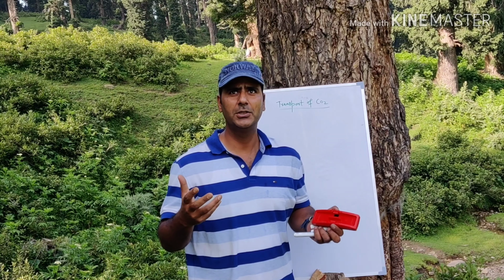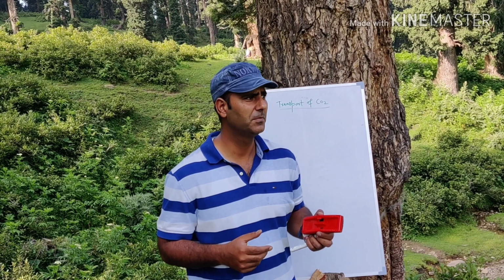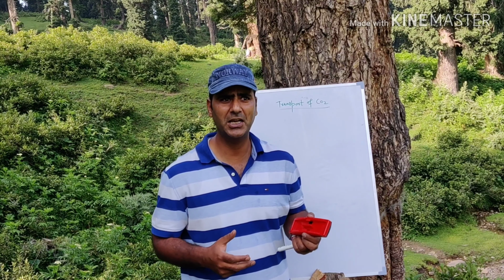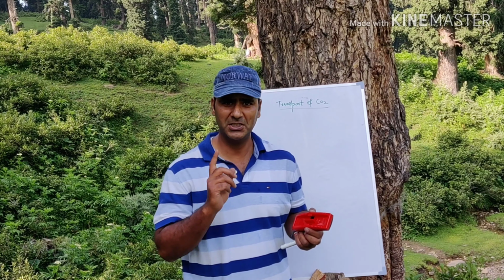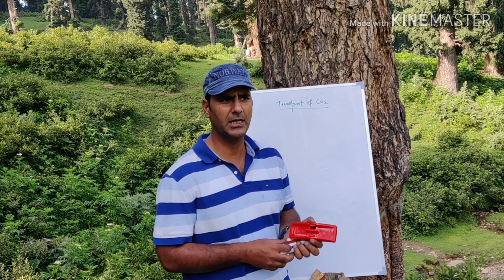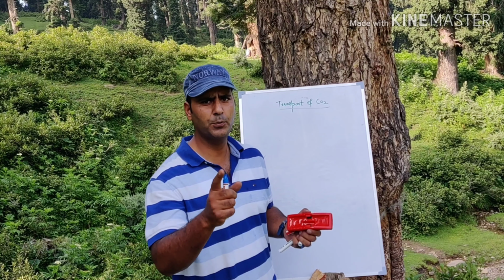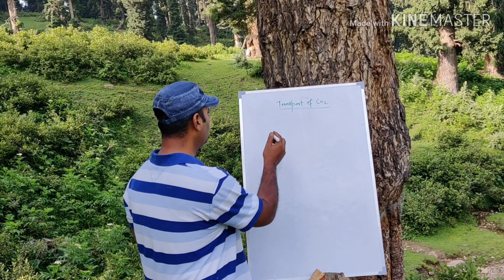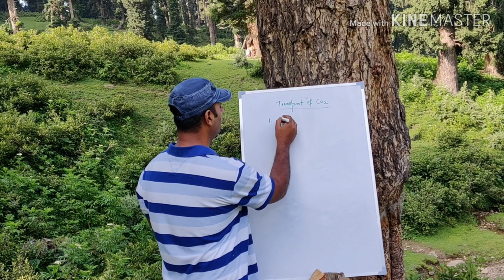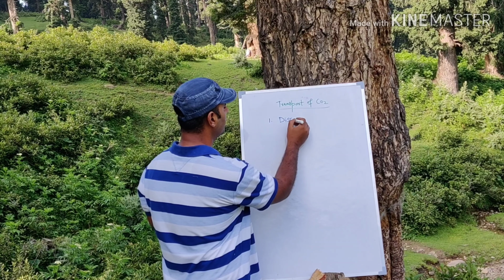I know I am at a very high altitude. There is some deficiency of carbon dioxide, but the delivery system of carbon dioxide is going to be very good. So let us discuss the transport of carbon dioxide. In human beings, carbon dioxide is transported in three forms. The first form is the dissolved form.